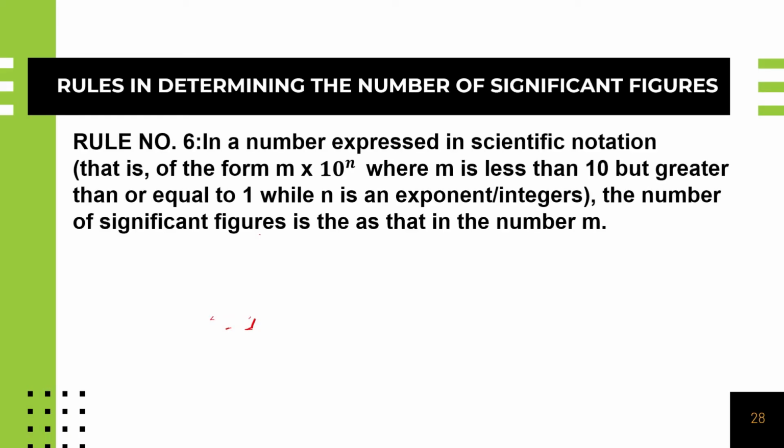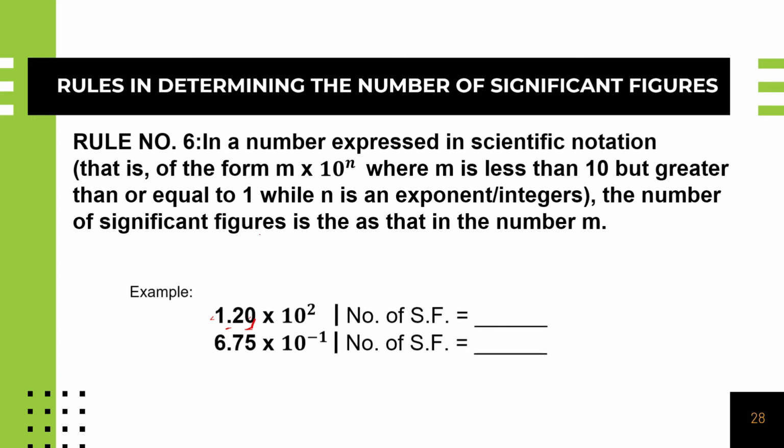In a number expressed in scientific notation that is of the form m x 10 raised to n, where m is less than 10 but greater than or equal to 1, while n is an integer exponent, the number of significant figures is the same as that in the number m. Okay, so hindi na natin papansinin ito.